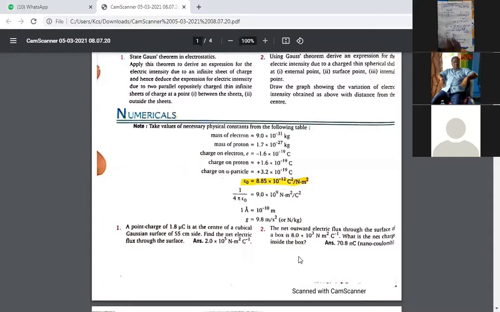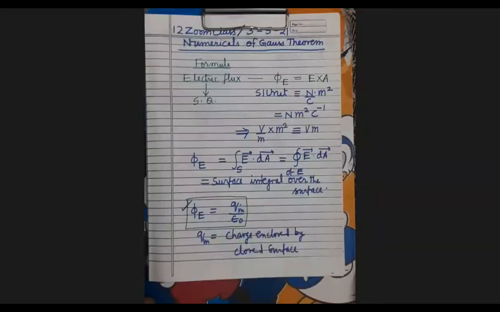So as I have already told, electric flux does not depend upon the size of the surface. It only depends upon the charge enclosed by that surface. ये केवल किस पर डिपेंड करता है? Charge enclosed by the surface.